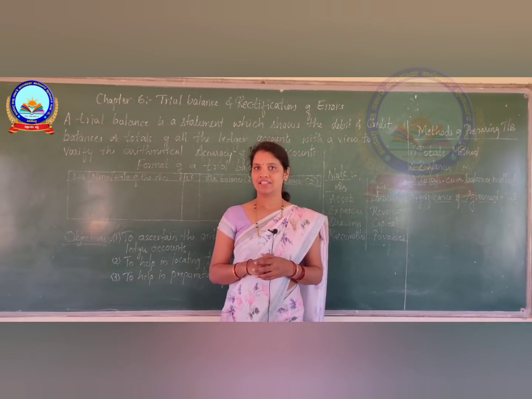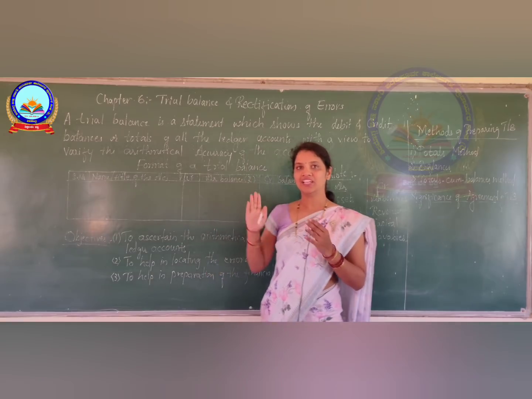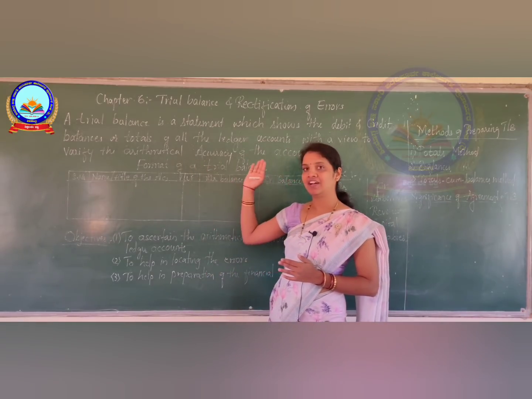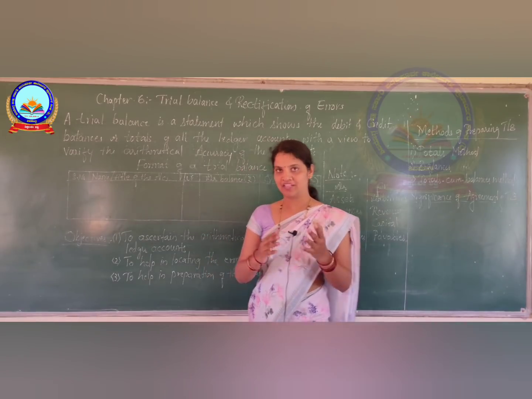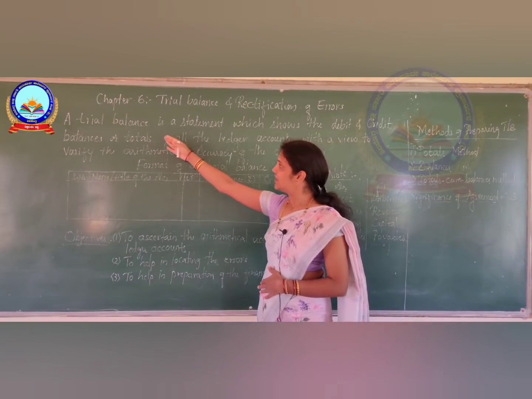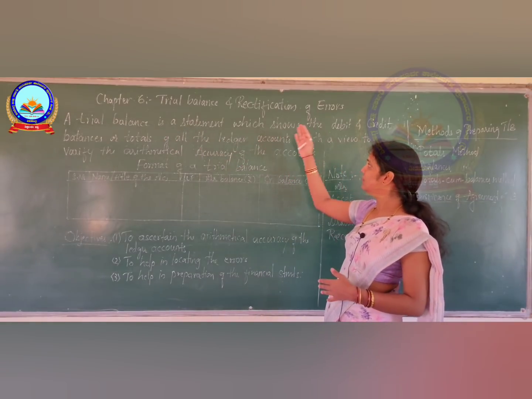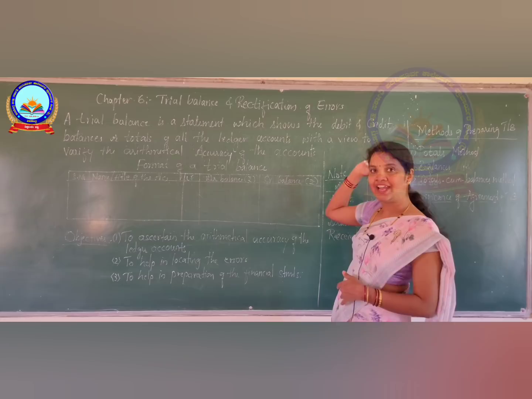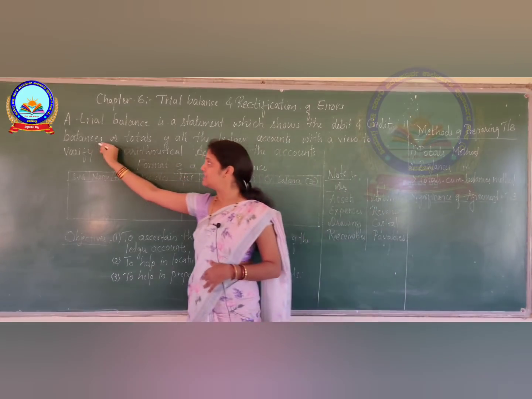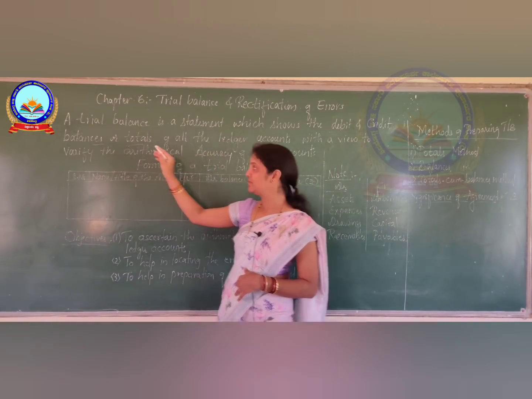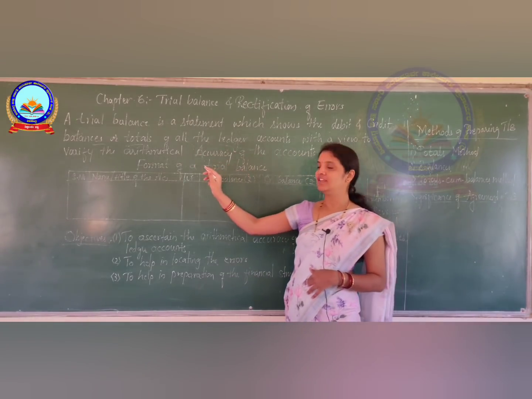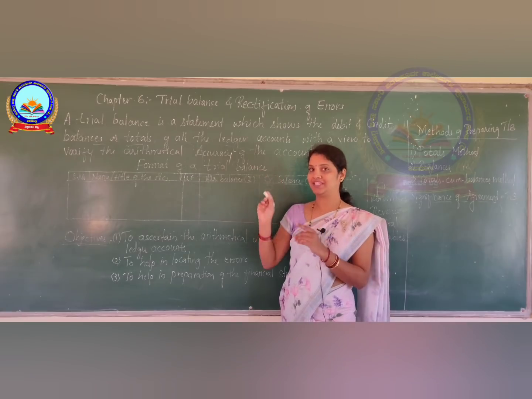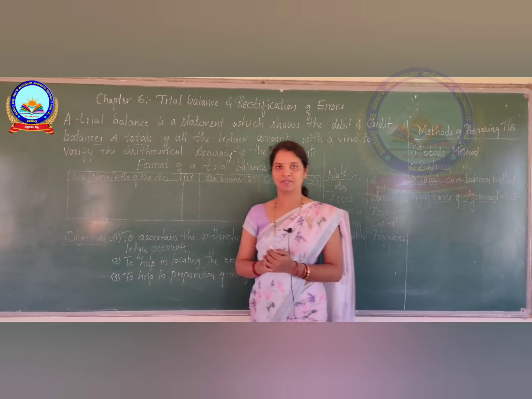That is why we can say that trial balance is prepared in order to verify the arithmetical accuracy of the accounts. So finally, a trial balance is a statement which shows the debit and credit balances or totals of all the ledger accounts with a view to verify the arithmetical accuracy of the accounts.